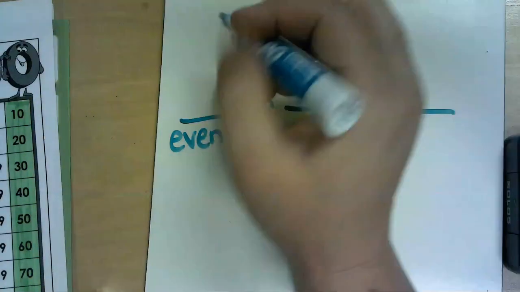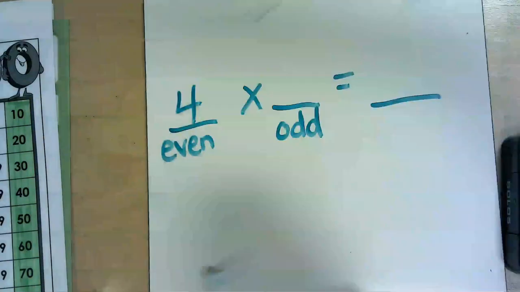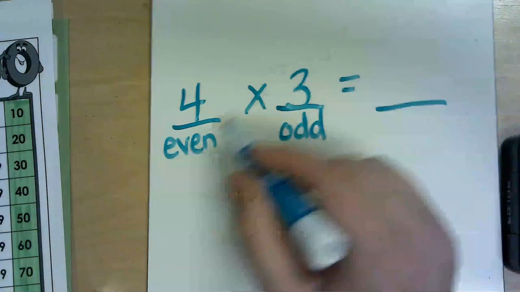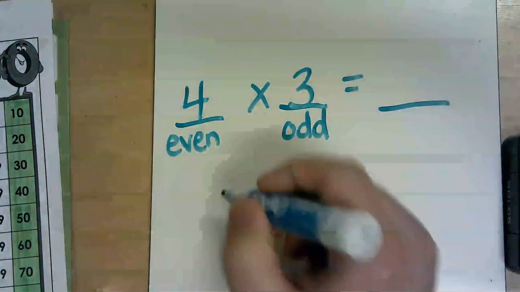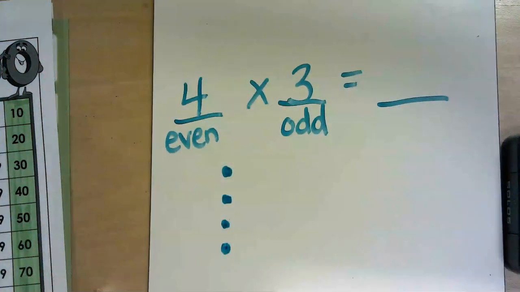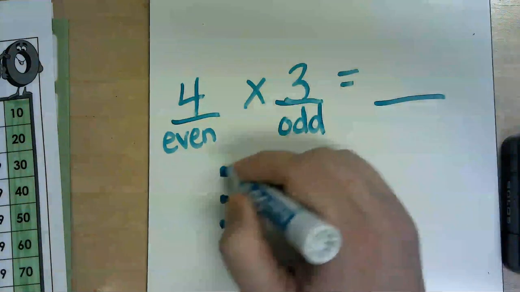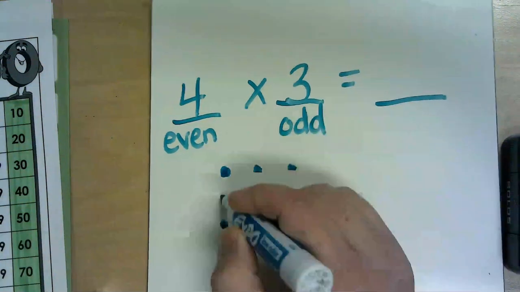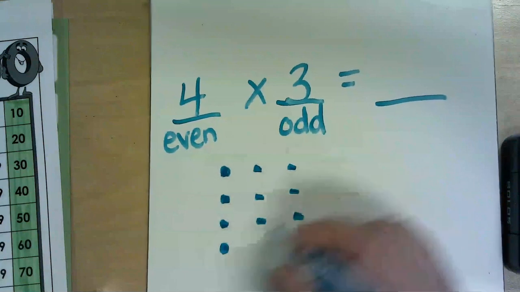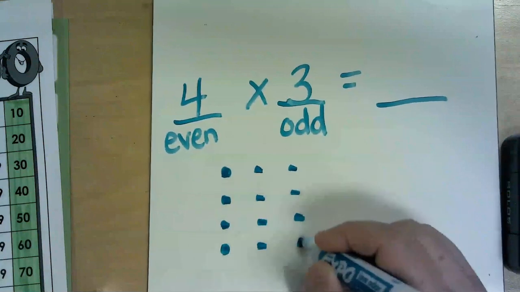So even number, I'm going to start off with the number 4, and then odd is going to be 3. So 4 times 3. When I make this, I'm going to do 1, 2, 3, 4 rows. And then each row is going to have 3. 1, 2, 3. 1, 2, 3. 1, 2, 3. 1, 2, 3.